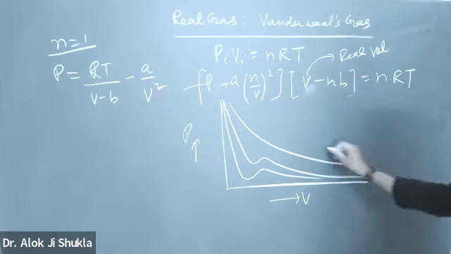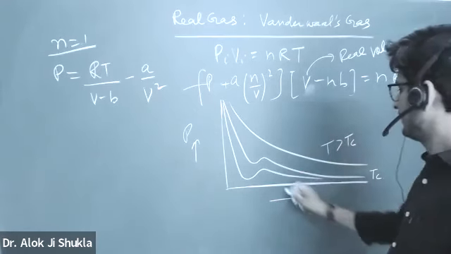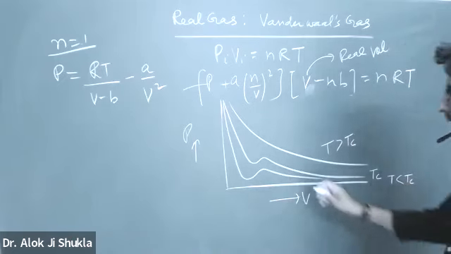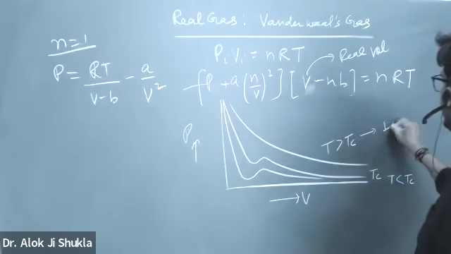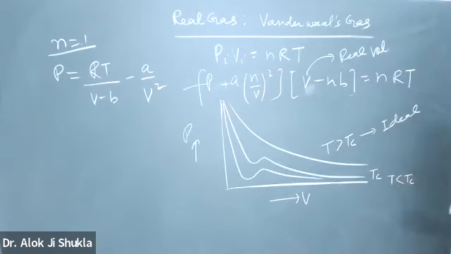So this temperature is T greater than Tc, and below is T less than Tc. Where this appears first time, a very small one, this is behaving like an ideal gas. Even the ideal gas equation PV equals nRT will give this curve. But below this critical temperature, you cannot explain it using ideal gas.